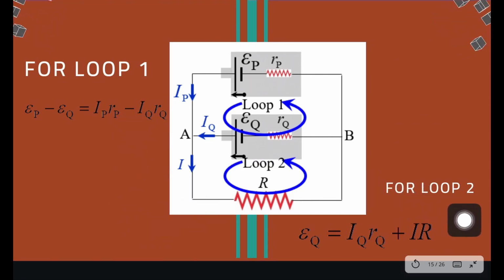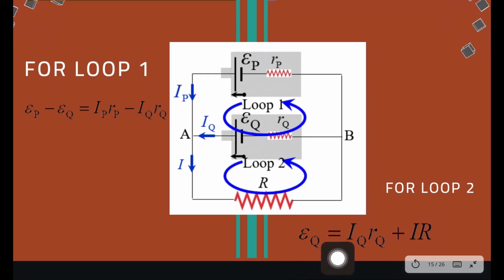Alright class, now we move to the second loop, loop 2. So we start with the battery. The EMF here is only EQ. The loop is moving to the left and leaving the positive terminal of the battery, meaning EQ is positive.